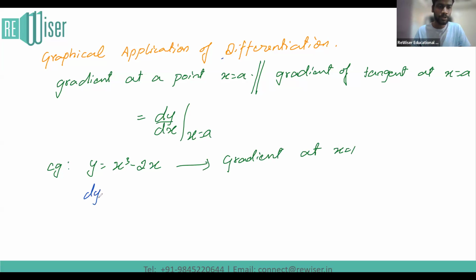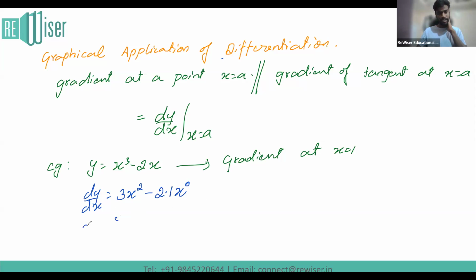So the derivative is dy by dx equals the derivative of x cubed, which is 3 times x squared, using that x power n rule, and minus, whenever we have a constant into a variable, we keep the constant as it is. So we keep this 2 as it is, and the derivative of x is just 1 into x to the power of 0, which is just 1.